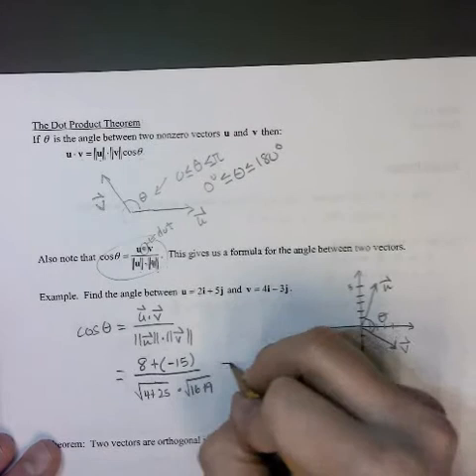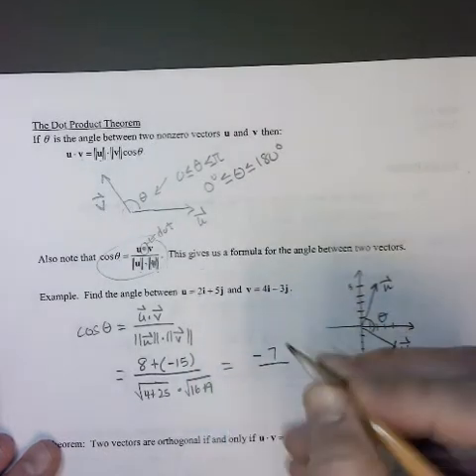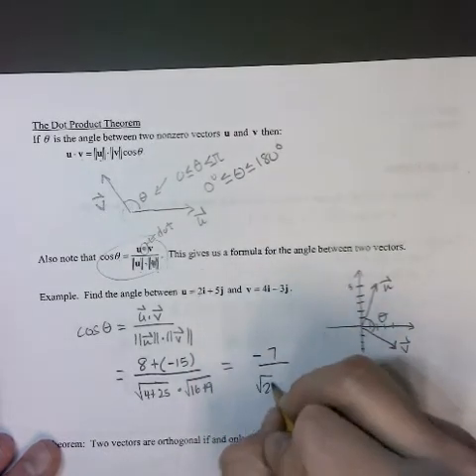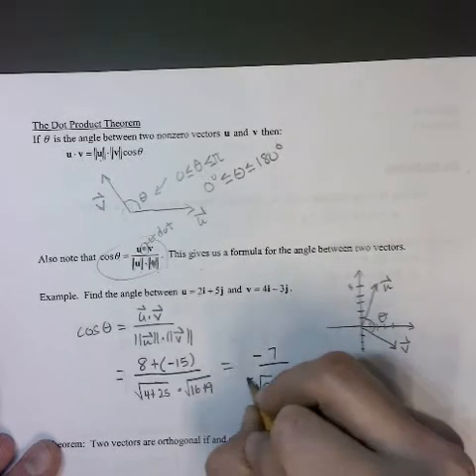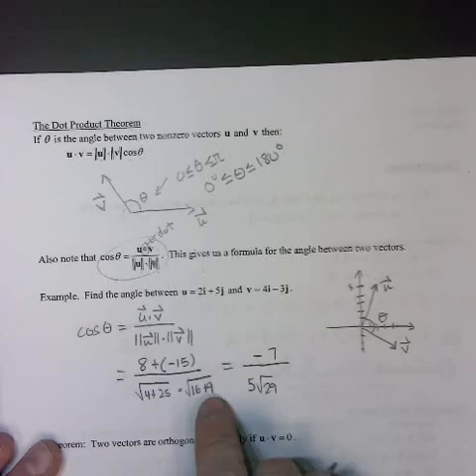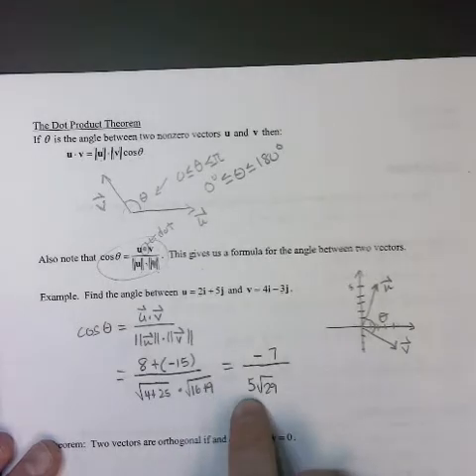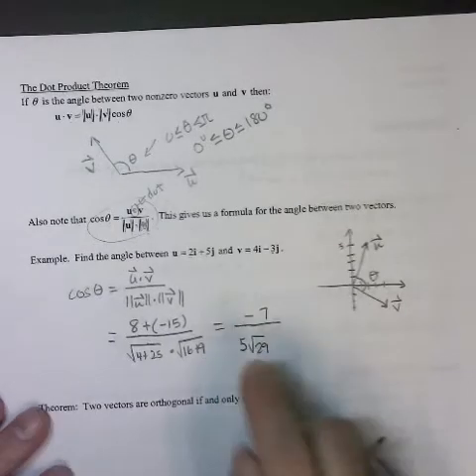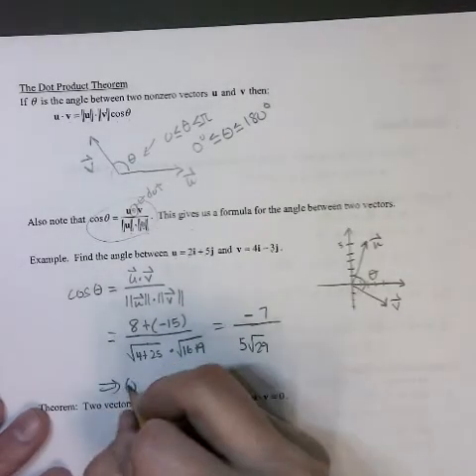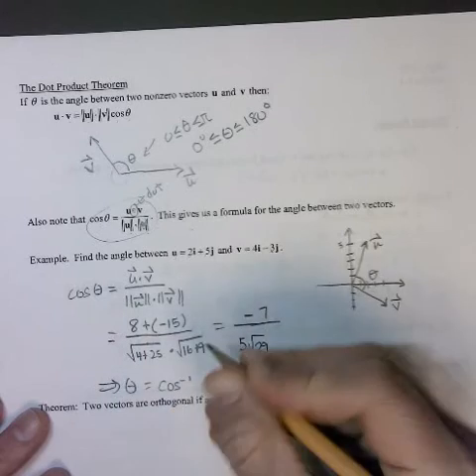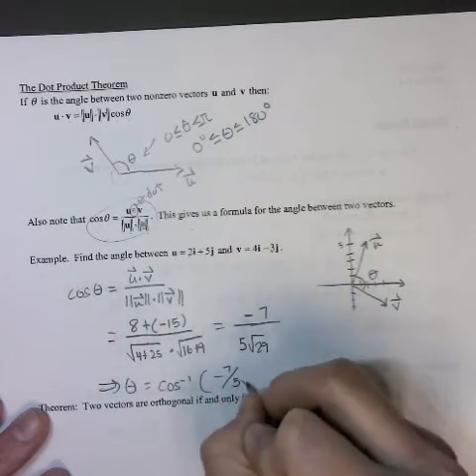So we get -7 over square root of 29 times 5. I'm going to put the 5 out front. Right? 16 plus 9 is 25, so square root of 5. So that implies theta will equal the cosine inverse of -7 over 5 square root of 29.